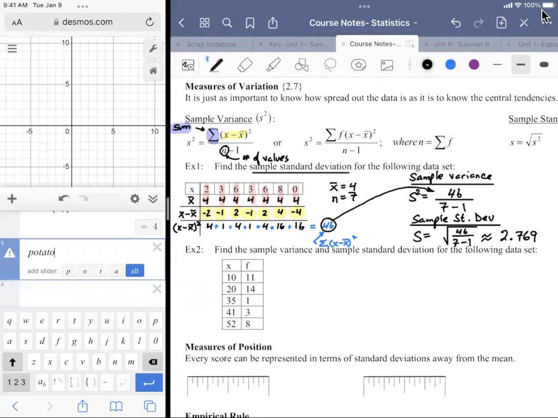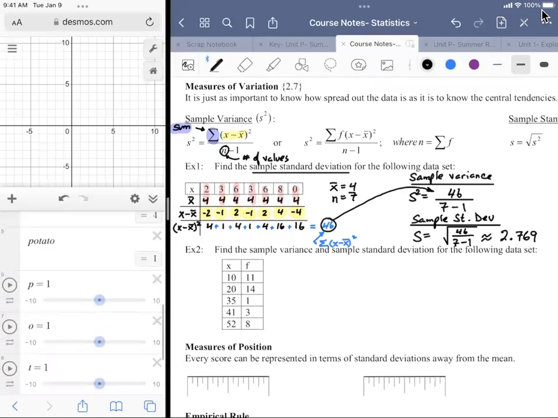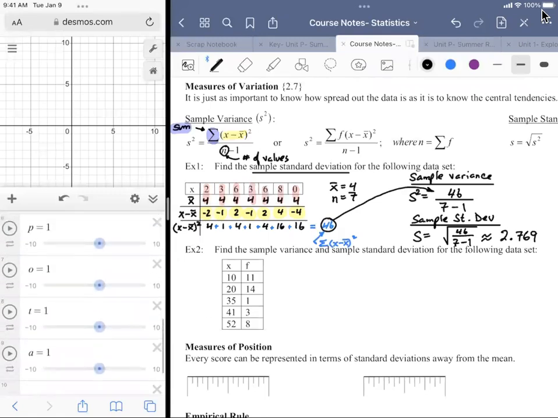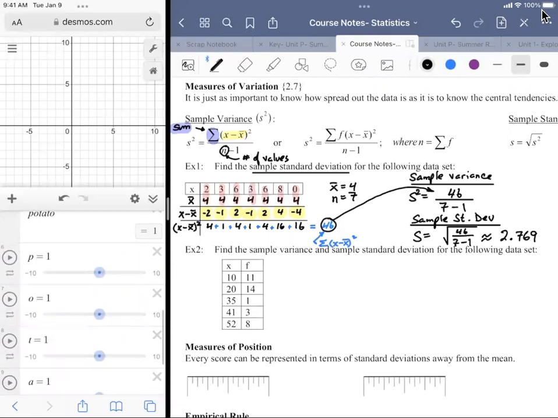But basically what it's asking is, do I want to treat the P, O, T, and A as a set of variables that we can vary the value of? If that's the case, then you would select whichever one you want to create a slider for, maybe all of them. If I hit all, it'll bring up a slider for each unique letter, and it's going to treat the word potato as the product of different values.